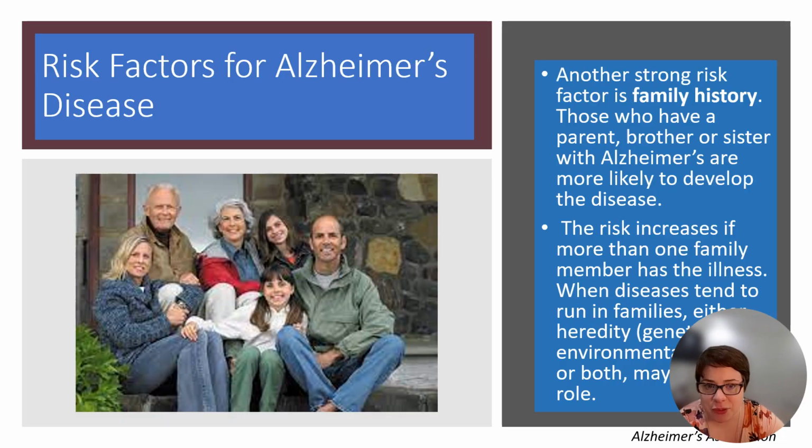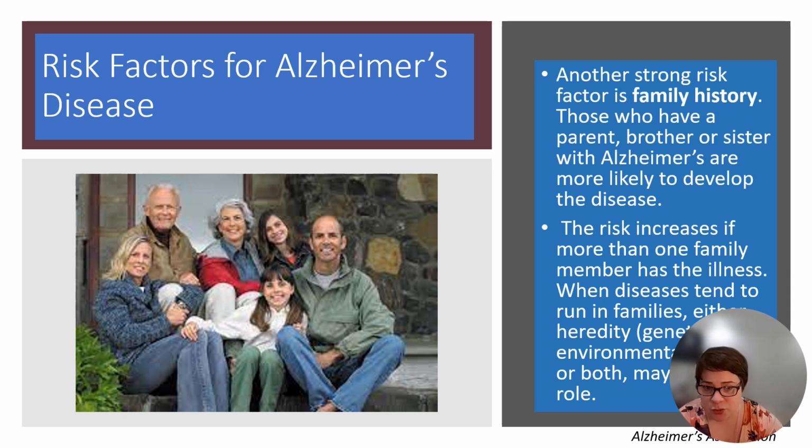Like a lot of neuropsychological disorders, Alzheimer's is also somewhat heritable, right? So another risk factor of developing Alzheimer's disease is family history, right? So if you have a parent, a brother or sister with Alzheimer's, you are more likely to develop the disease yourself.